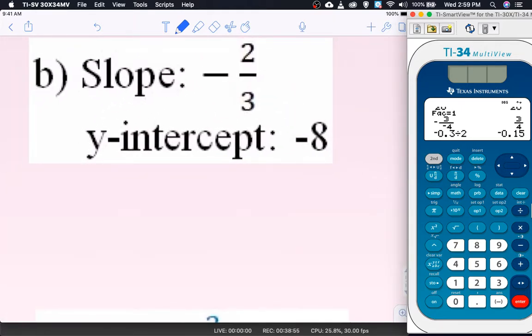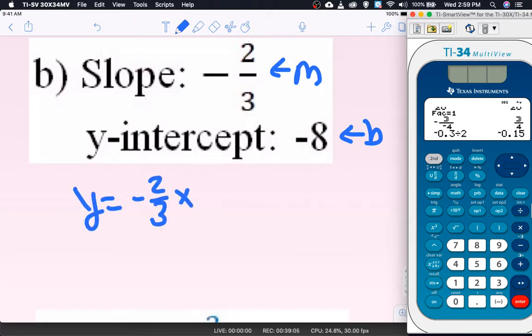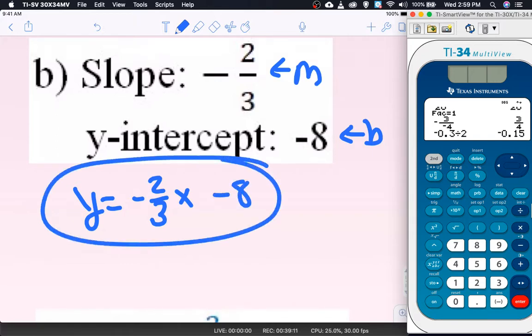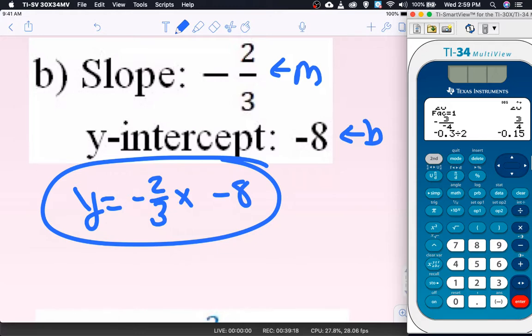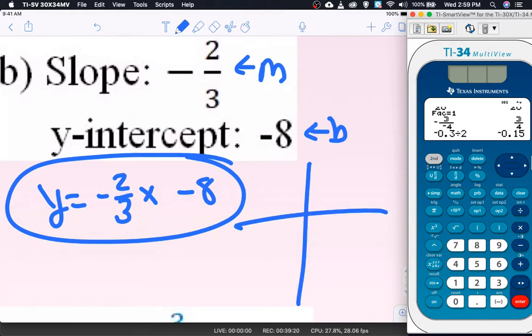I'm going to take my slope and plug it in for slope, my y-intercept and plug it in for the y-intercept here in letter B, and we're going to get y equals -2/3 x, the -2/3 is the slope, minus 8. The -8 was my y-intercept. So things I know: I know this line would cross the y-axis at -8.